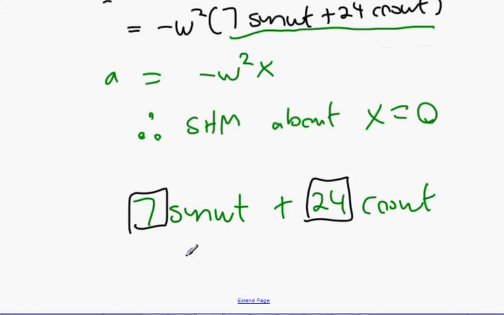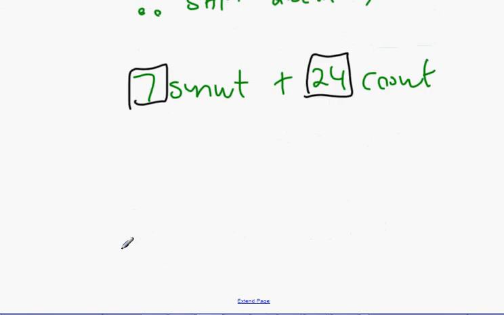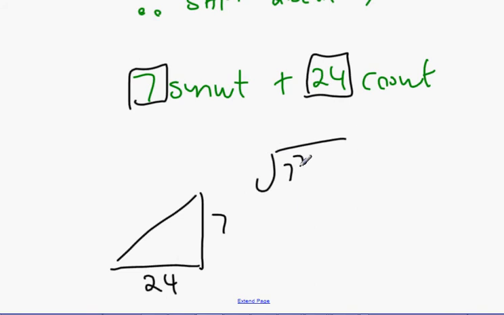Then we're going to do Pythagoras' theorem, square them up, so it's going to be the square root of 7 squared plus 24 squared, and what's that? Yes, 25. So the amplitude of the full thing is 25.